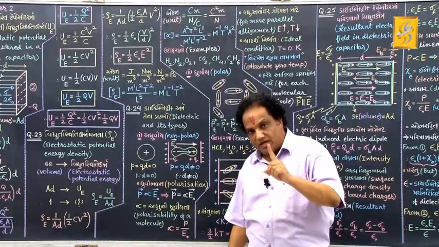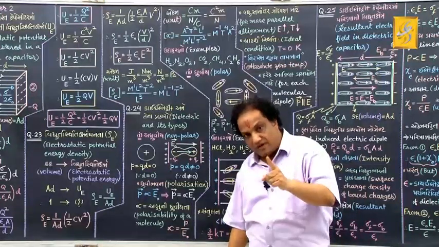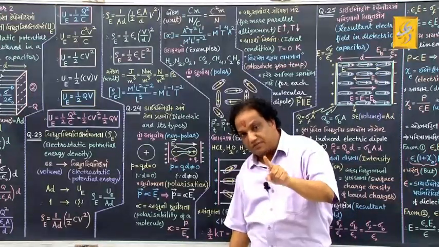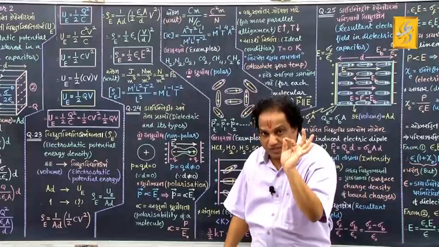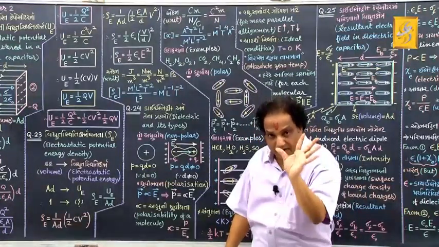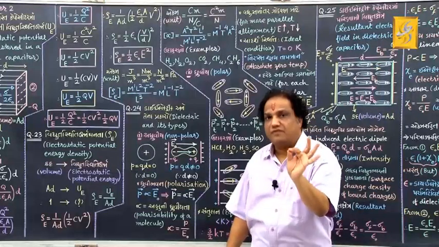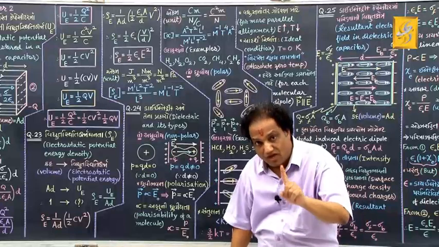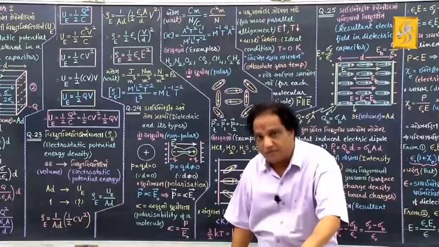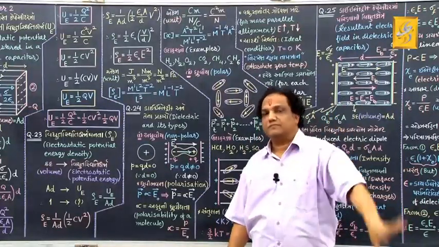A phenomenon in which, whenever any non-polar molecule is subjected to some external electric field, there is some separation developed between the centers of unlike charges. This very phenomenon is known as polarization.